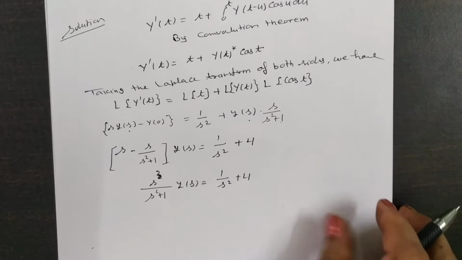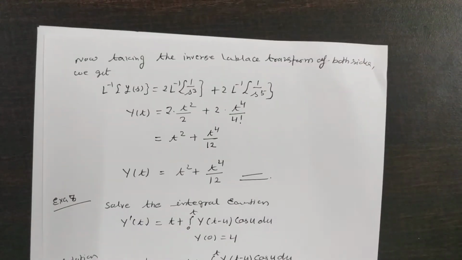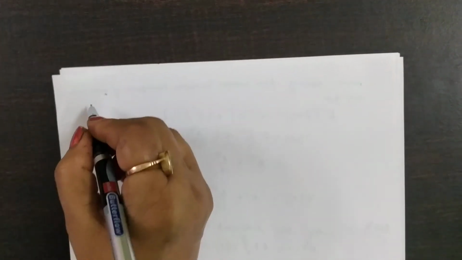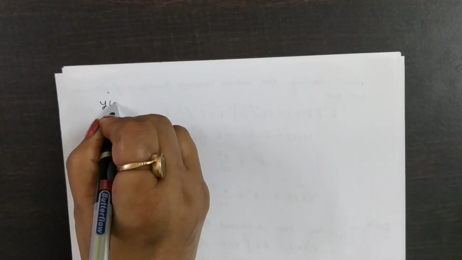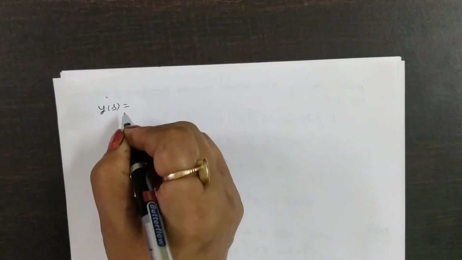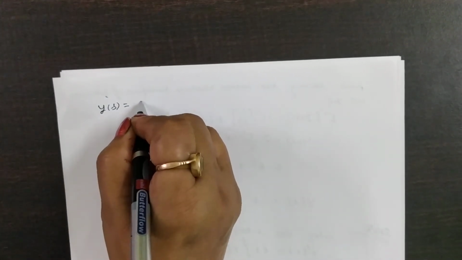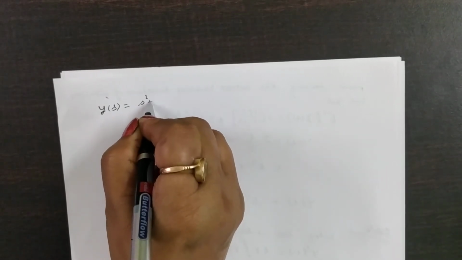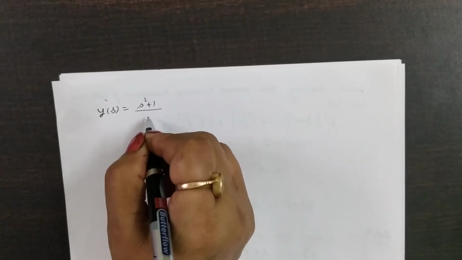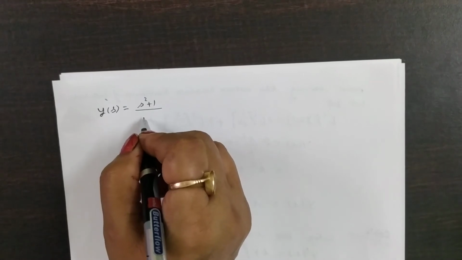Dividing the whole term by s cube by s square plus 1, we get Y(s) equal to s square plus 1 divided by s cube, multiplied by 1 by s square plus 4.